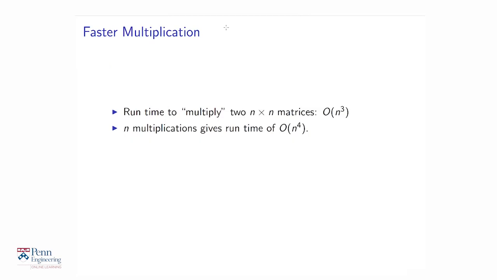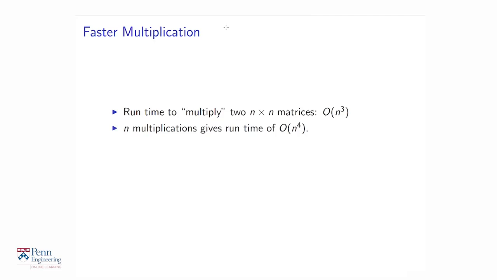We're doing this different kind of matrix multiplication. We're going to go from A to A squared to A cubed, all the way up to A to the n, to detect the presence of negative weight cycles if they exist. Now, multiplying two n by n matrices takes time order n cubed, and you can work this out. It's a very simple algorithm to multiply two matrices. If you write down the program and count its steps, you'll find it's order n cubed.